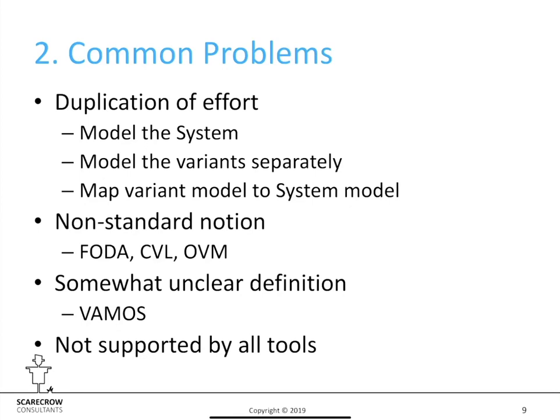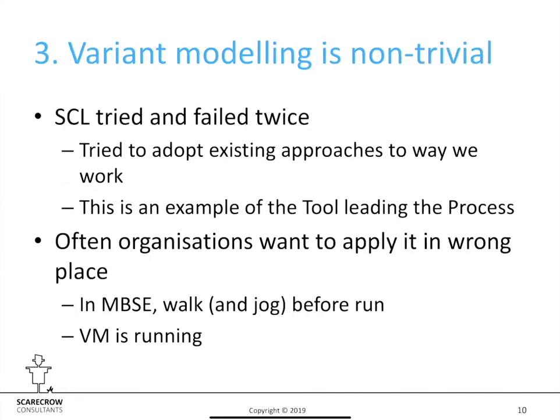And then, of course, you can pick a method, but it may not be supported by your tool of choice, which may mean that you've then got to implement it yourself, or you end up picking a different method. So they're all common problems that we see when we try and do variant modeling.